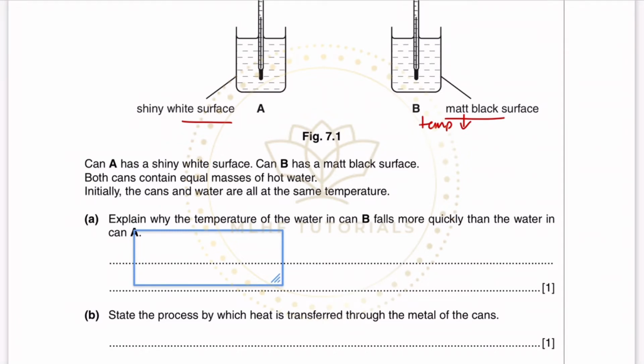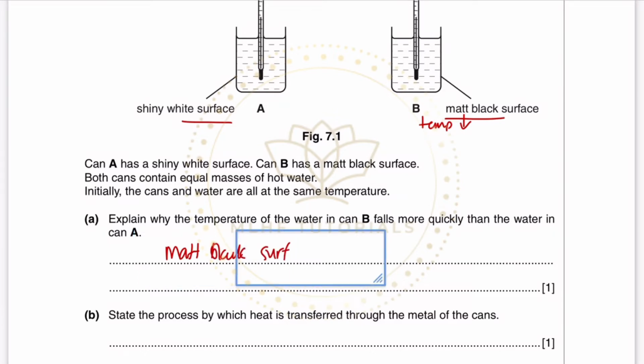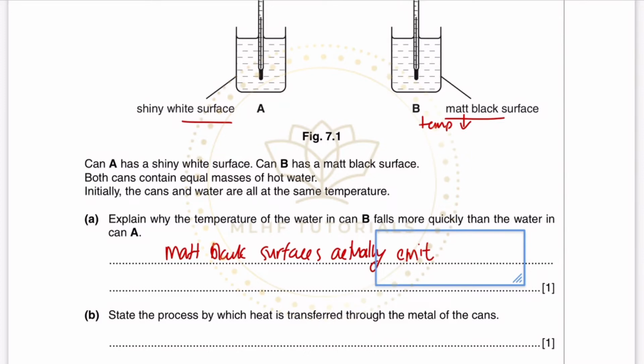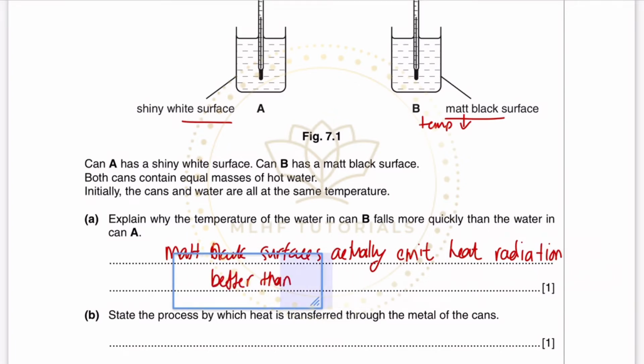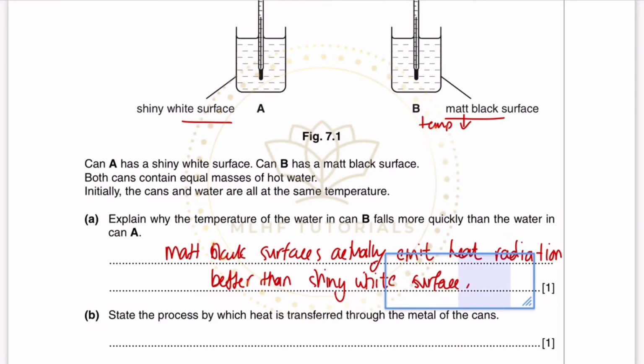So matte black surface actually emits heat radiation better than a shiny white surface. So that's how you're gonna explain part A.